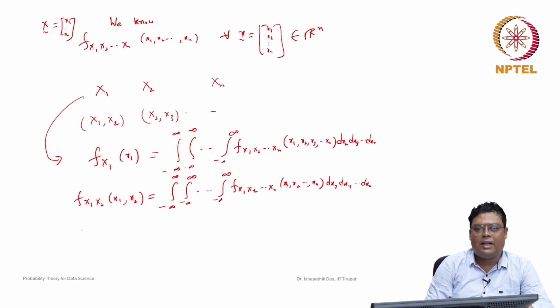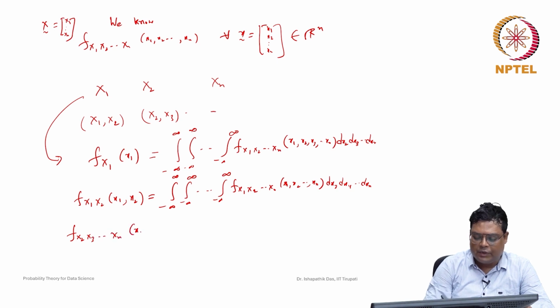Similarly for any other subset. Instead of x1 x2, suppose we want to find the marginal probability density function of x2, x3, ..., xn.